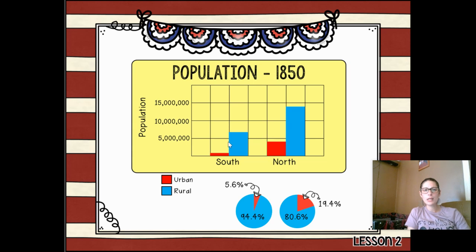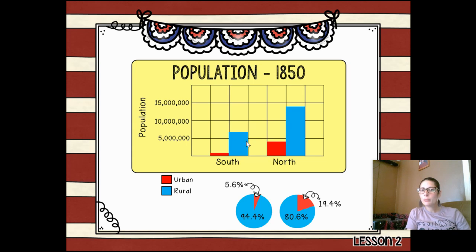All right, so look at the population. Look at how low the population in 1850 in the South is in the urban cities. So urban are the cities, the big cities, okay? So this is 5 million people. The South probably has 7 million people living in the rural parts. So that's like where we live at. We live in the small towns, the back farms, the little country roads.